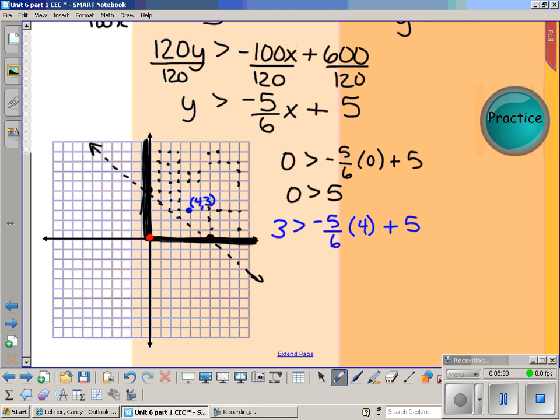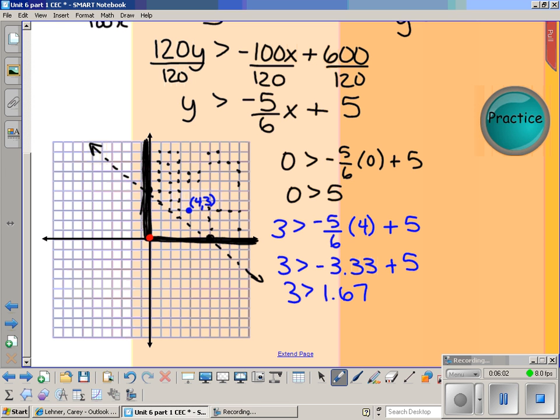We will end up with 3 greater than negative 20 divided by 6, so negative 3.33, plus 5. So we have 3 greater than 1.67. That is a true statement.